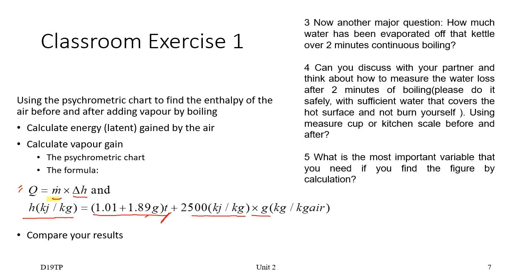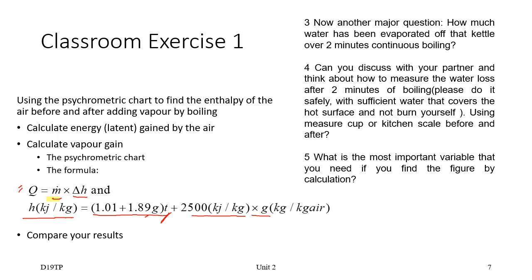So here are the questions. How much water has been evaporated off from a kettle over 2 minutes of boiling? We know how to calculate this one, explained this already, right? And then we also demonstrate how you calculate the moisture going into the room air and changing the moisture content in the room air.